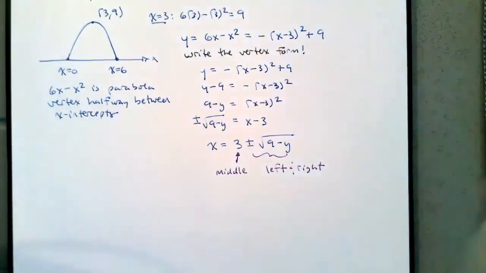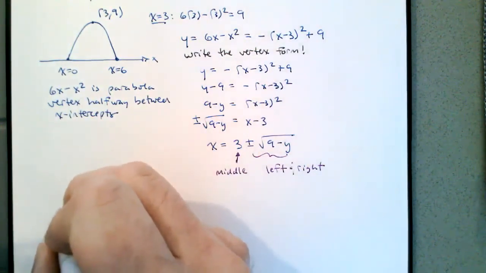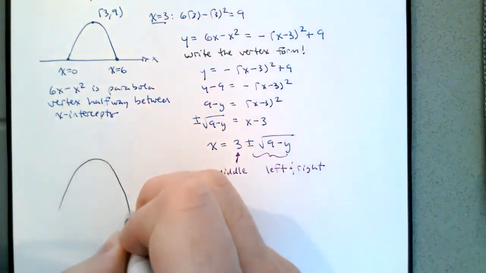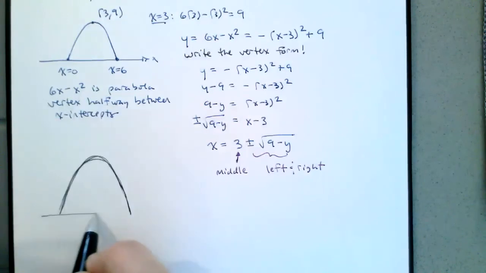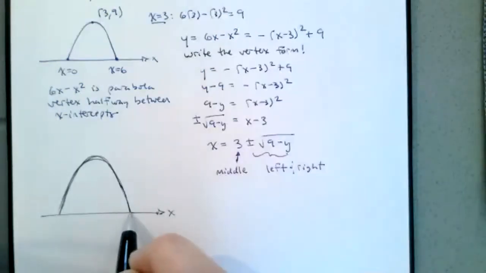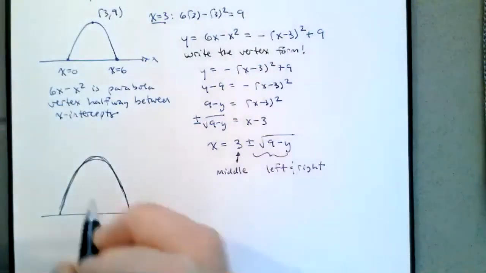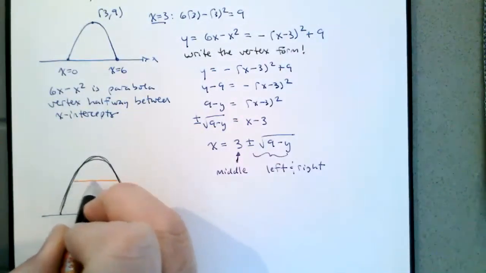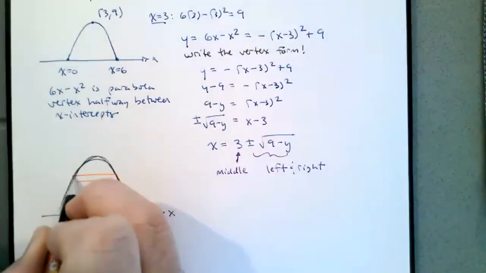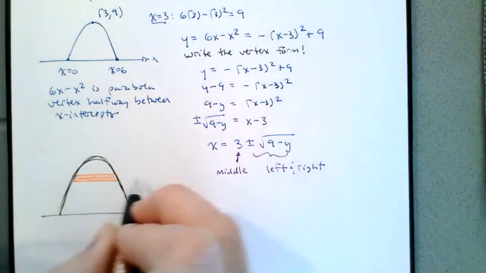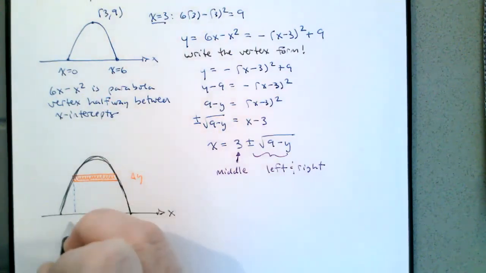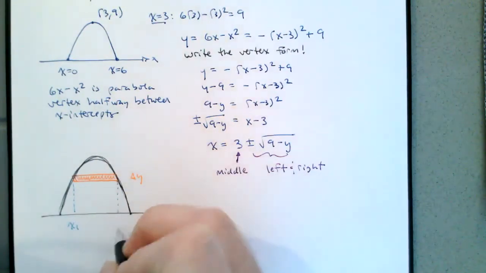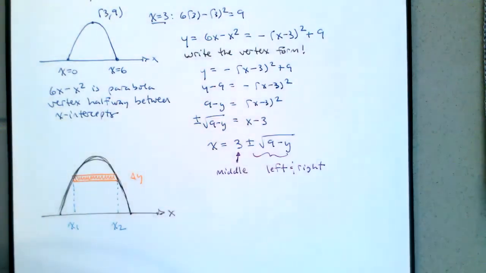So back on our parabola, our slice cut into 2 x values. Here's x1, and here's x2. In the middle of the x1 and x2 is 3.